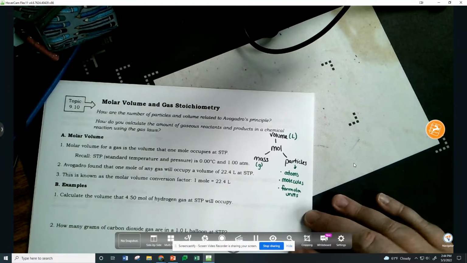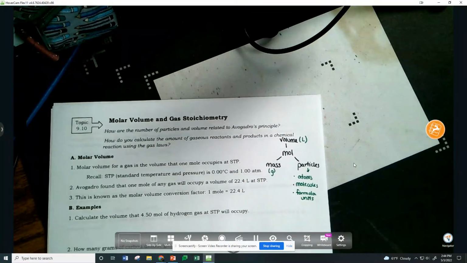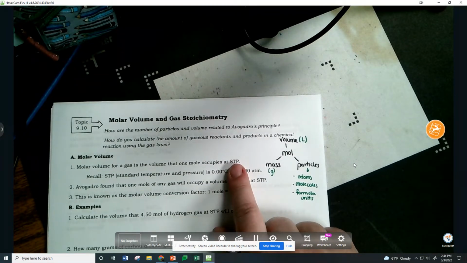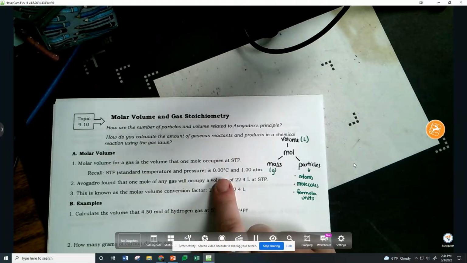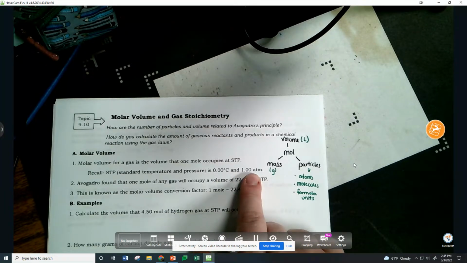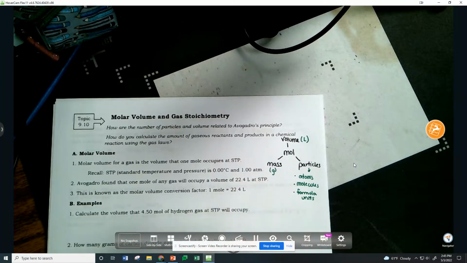Where it comes from is Avogadro found that when a gas is at STP, you have to recall that this only applies at STP, and that's standard temperature and pressure. So at 0 degrees Celsius or 273 Kelvin, 1 atmosphere, 760 millimeters of mercury, this is true. He found that 1 mole of any gas, so helium gas, hydrogen gas, oxygen gas, carbon dioxide, sulfur hexafluoride, any gas will have the same volume at STP.